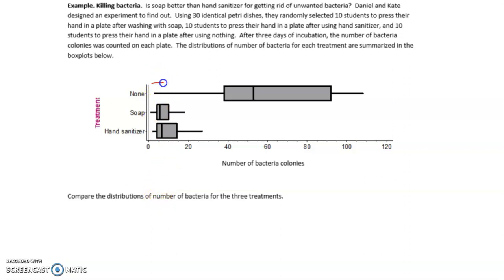So I'm going to go ahead and draw my lines above it. Okay, so if you were comparing, remember I said socks, so shape. I would say that the number of bacteria colonies is roughly symmetric for none. And the other two are skewed right.